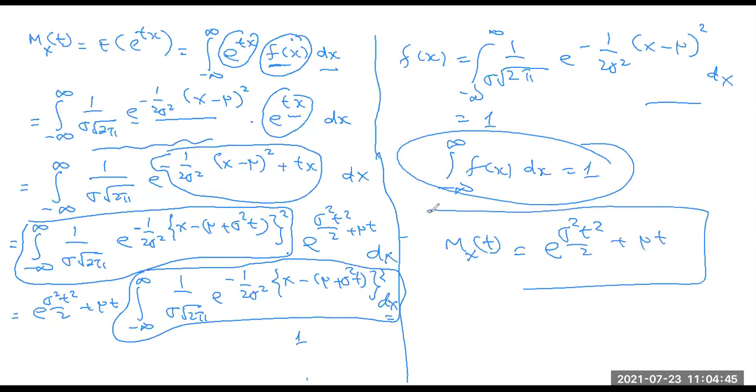This is the MGF of X, where X has a normal distribution with mean mu and standard deviation sigma. What we do with this MGF is differentiate with respect to t, the first and the second times, to give us the variance. So can you differentiate this term?